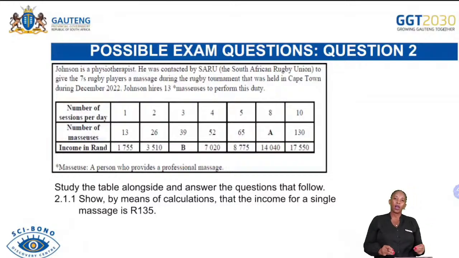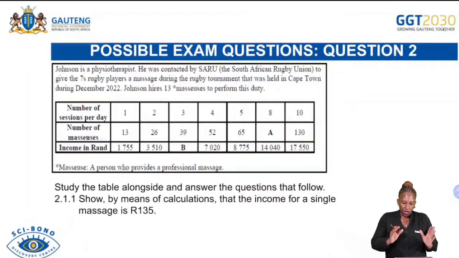Now let's have a look, boys and girls, at the possible exam questions. How are income and expenditure tested in the exam? Remember what I said to you, financial documents or any document that you need to read and analyze, and you answer questions based on the given context.